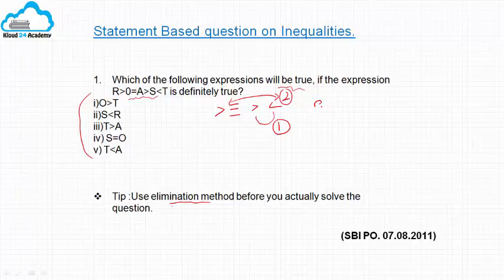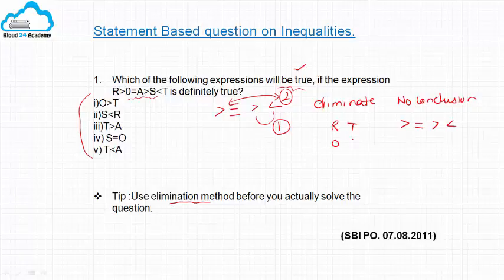What I'm going to do is eliminate no conclusion expressions first, then I'll reach the true expression instead of just checking these randomly. Between R and T we have no conclusion and the symbols are these: greater than, equal to, greater than, less than.